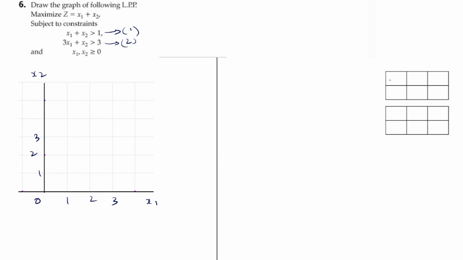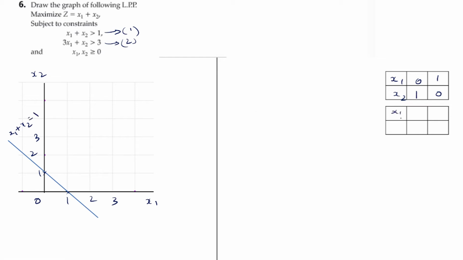For the line corresponding to the first constraint, when x1 is 0, x2 is 1. When x2 is 0, x1 is 1. So this is (0, 1) and this is (1, 0). The line joining these 2 points gives the equation corresponding to the first constraint, x1 plus x2 equal to 1.